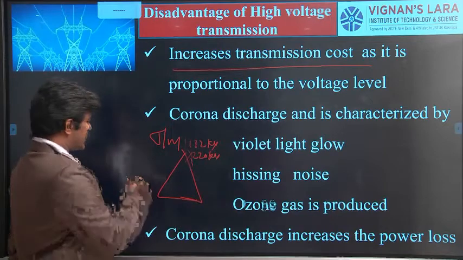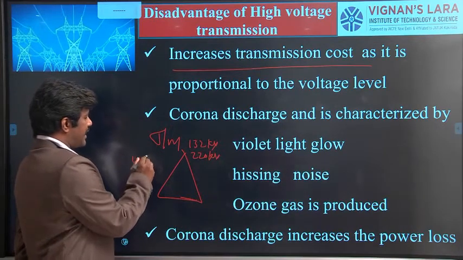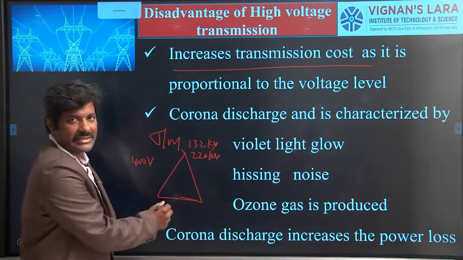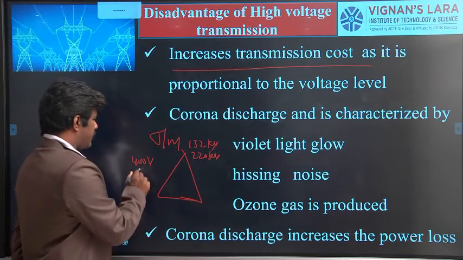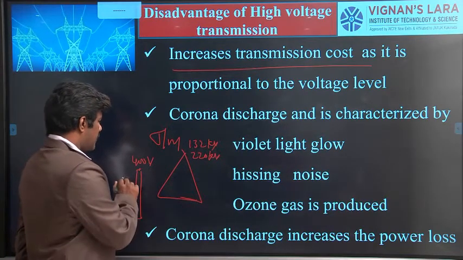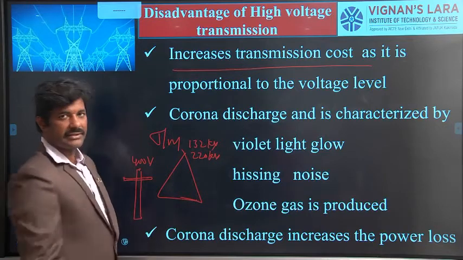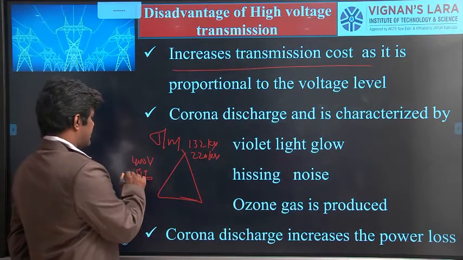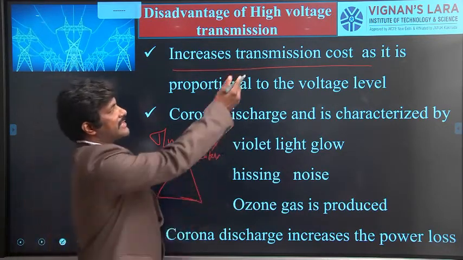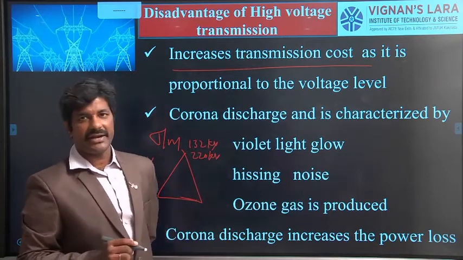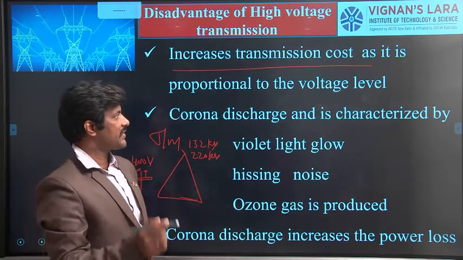Whereas on the distribution side, if you see a 400 volts line, they are not like tower structures. They are simply wooden poles, concrete poles with only small heights like this, cross arms like this. So the tower structure increases if the line is operated at higher voltages. That is the first drawback.